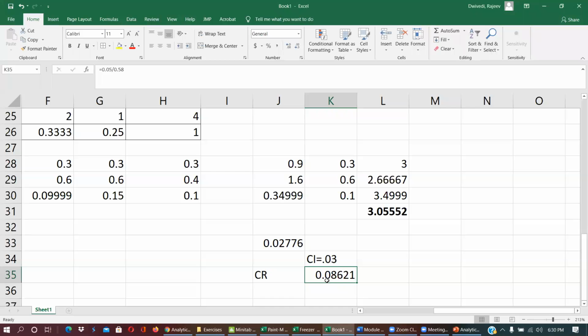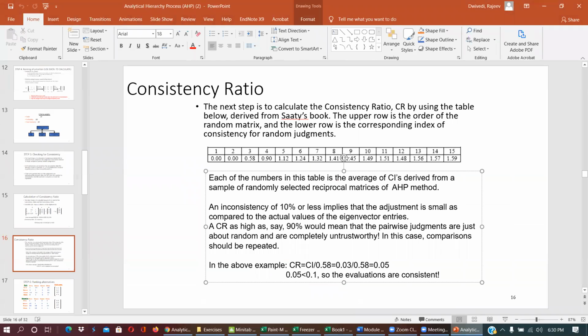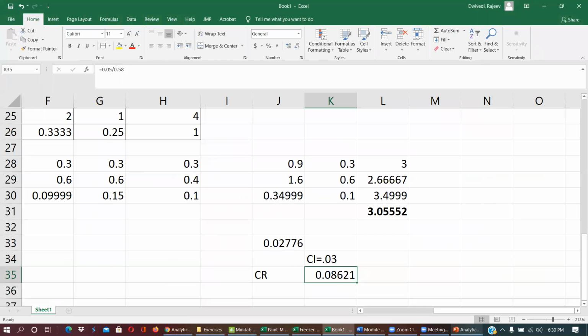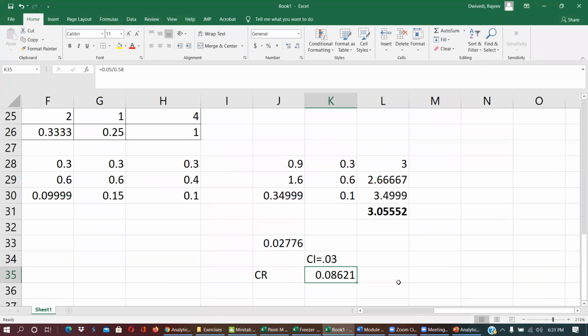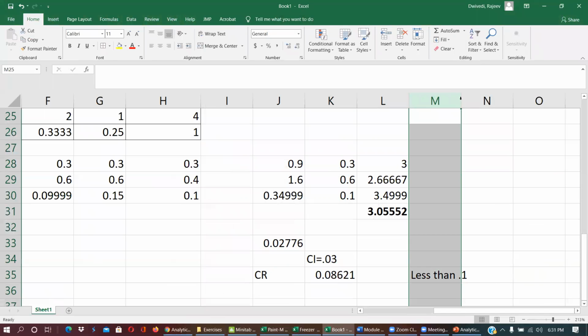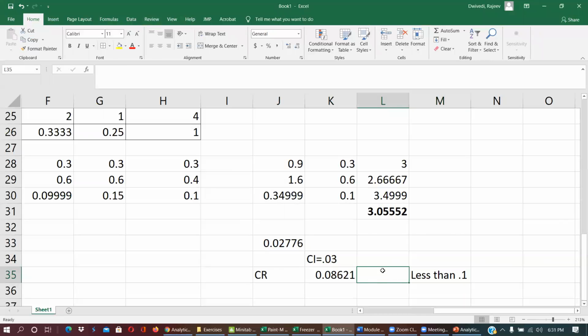So here it is coming to about 0.05, and that is less than 0.1, or you can say less than 10%.